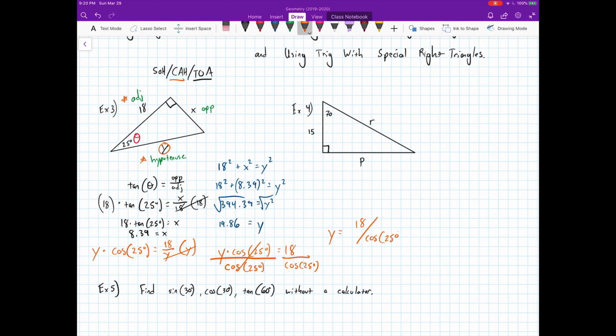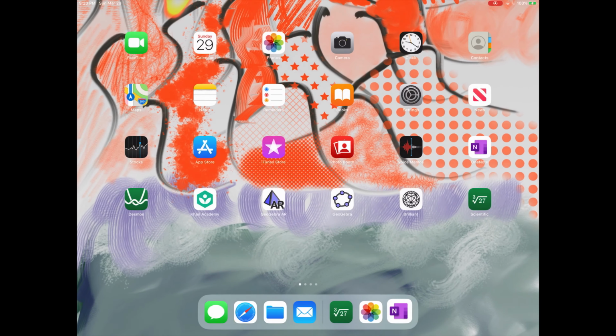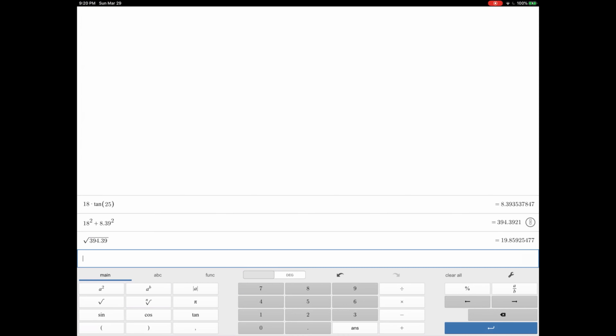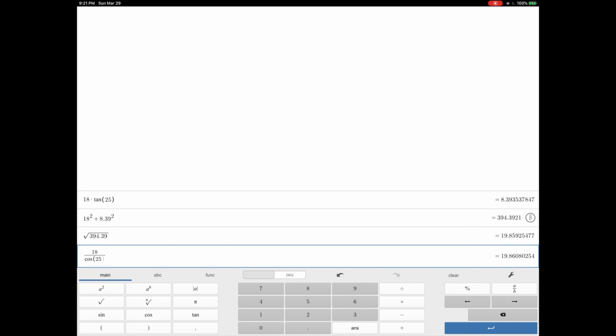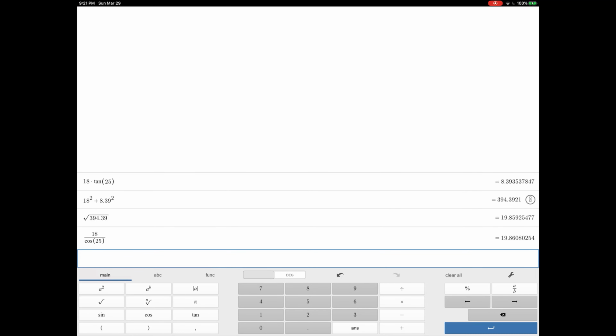I have y is equal to 18 over cosine of 25 degrees, and we'll go to the calculator and make sure that that matches up as well. Right, so 18 divided by cosine of 25 degrees, and that's equal to 19.86.